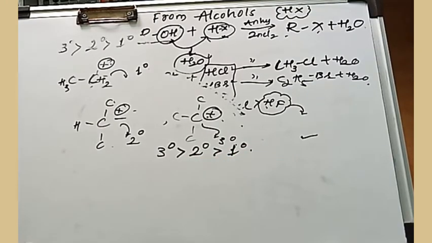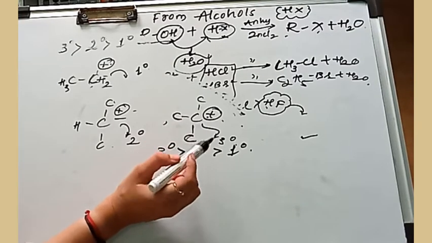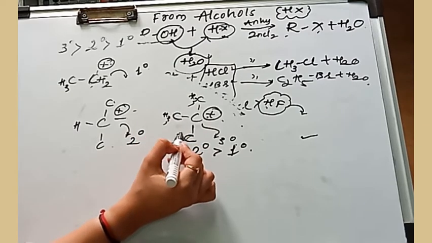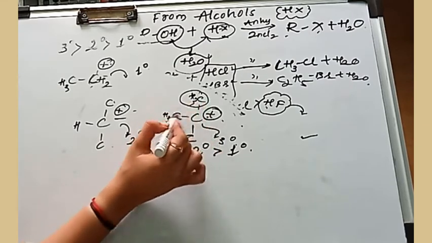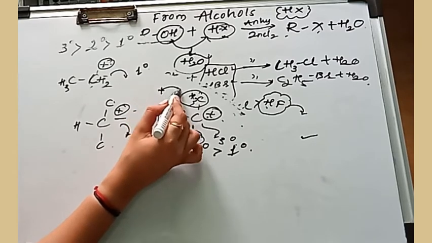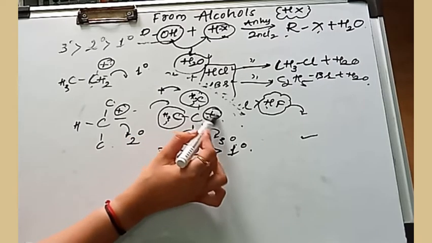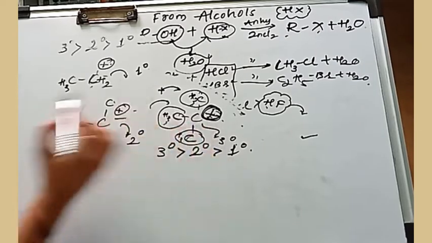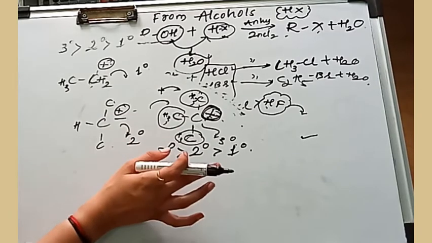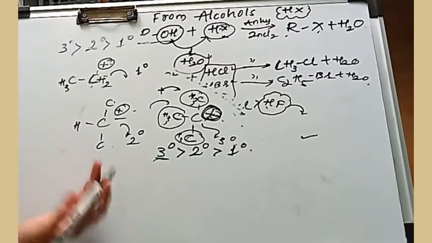The reason is that in the tertiary carbocation there are three CH3 groups, which act as electron donating groups. These electron donating groups stabilize the carbocation. That is why the cation is more stabilized and the reaction takes place faster.